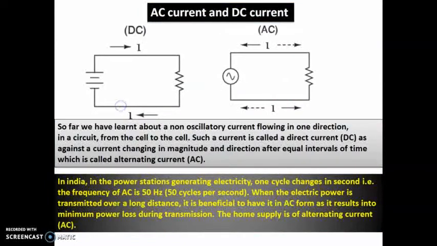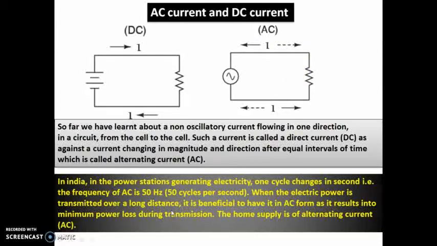Now we have the AC current and DC current. Now children, this is given for self-study, but I will just introduce these to you because questions can be asked on this part. We have studied two types of current, that is direct current or DC current. You can see in the diagram it is moving in one direction, and then alternating current or AC current, which reverses the direction.